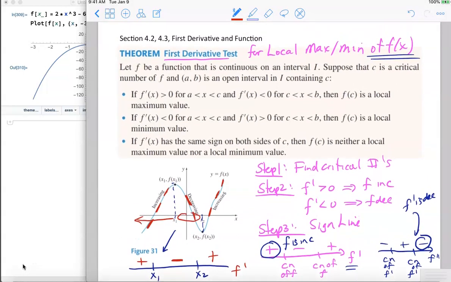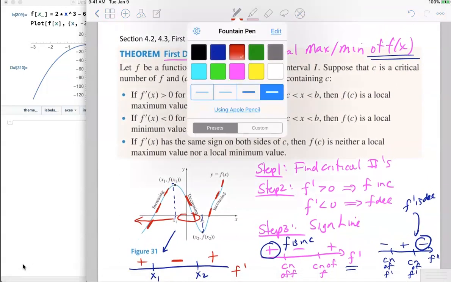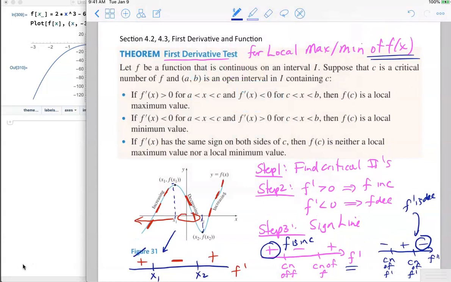And therefore what we can say is that the function is increasing, then the function switches to decreasing, and then the function switches to increasing again. And so what we know is that when the function switches from increasing to decreasing, you need to have a local maximum of the function here.